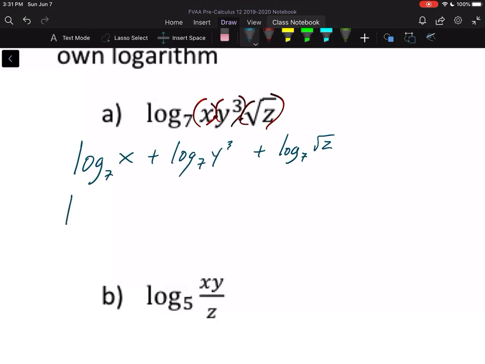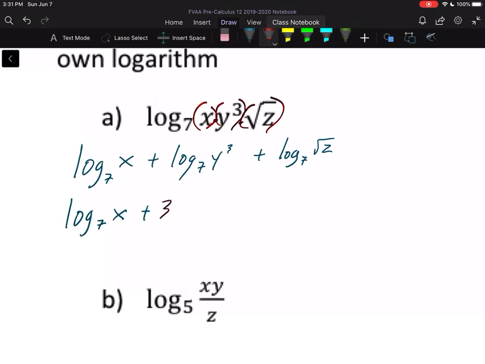So the log, the first one doesn't change, it's fine, okay? But because of the power law of logarithms, that 3 I can make as a quotient of the log function here. Essentially this goes in the front. All right, and same thing with this one.